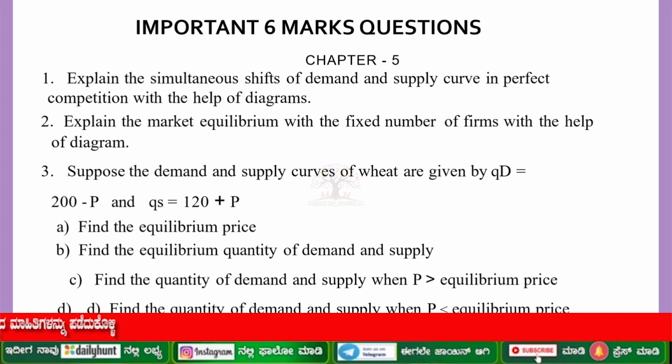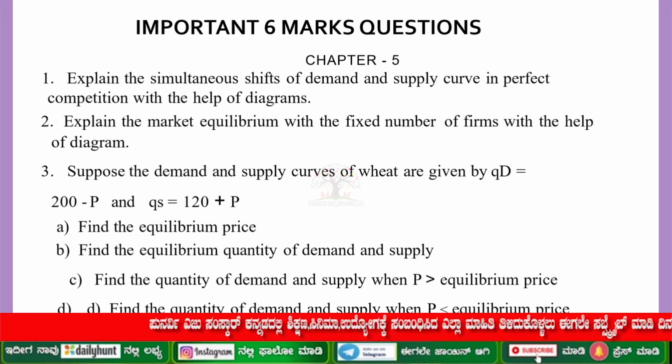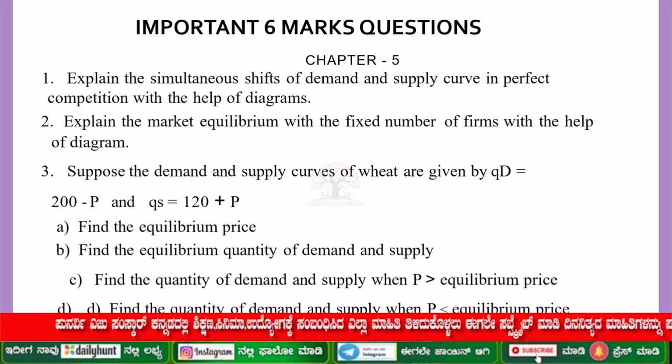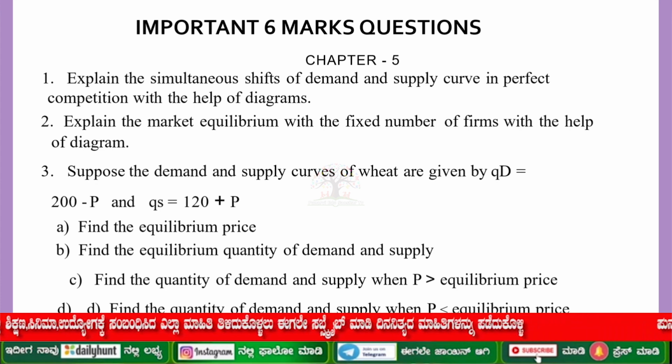Explain market equilibrium with a fixed number of firms with the help of a diagram. Or, the demand and supply curve of wheat are given, that is QD equals 200 minus P and QS equals 120 plus P, and you need to answer the following questions. So from this chapter, you can expect one 6-mark question.